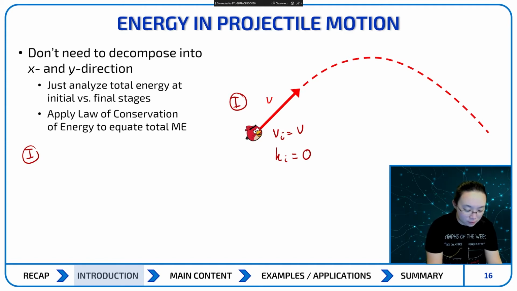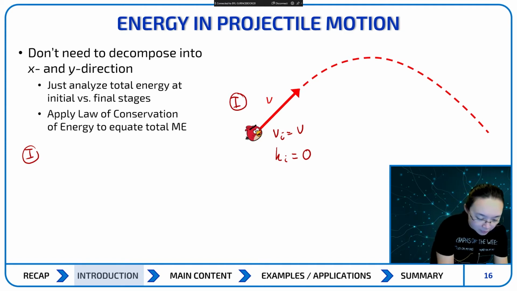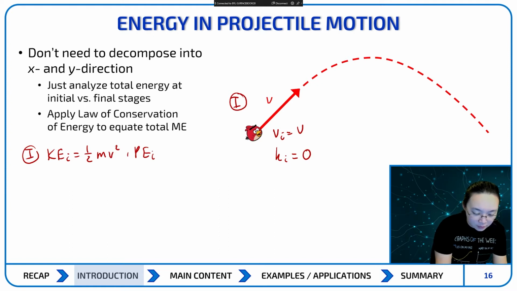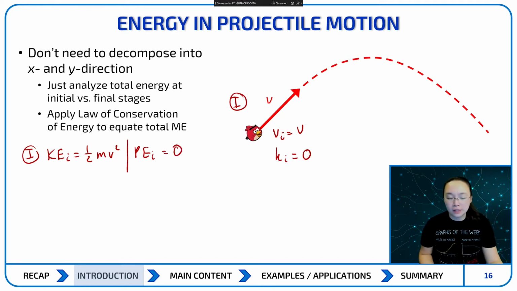Let's write down KEi is equal to 1/2 mv squared, and PEi is equal to 0 because it's got a height of 0.